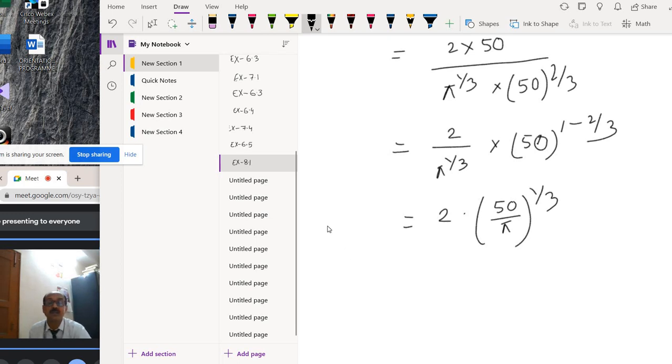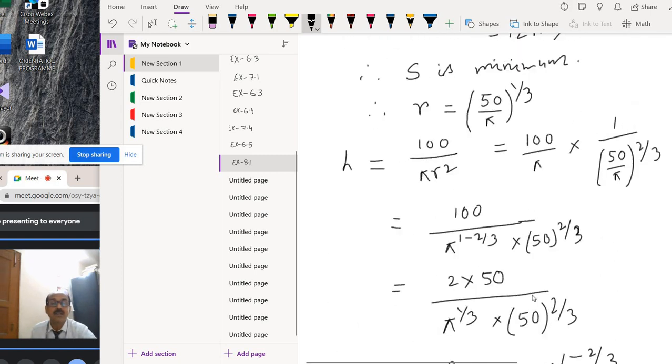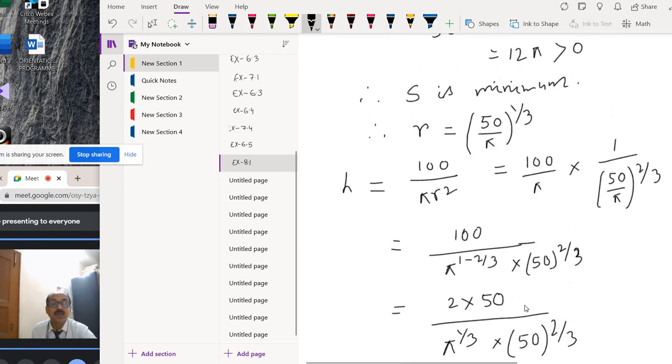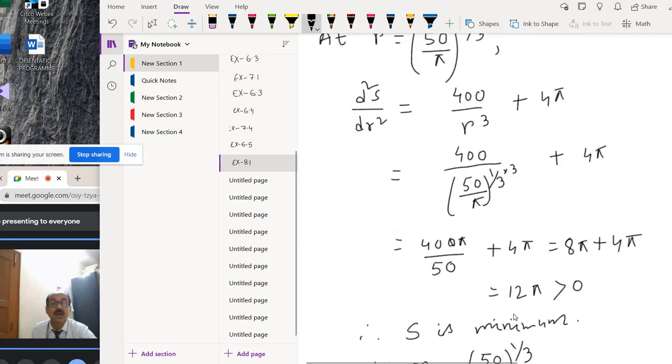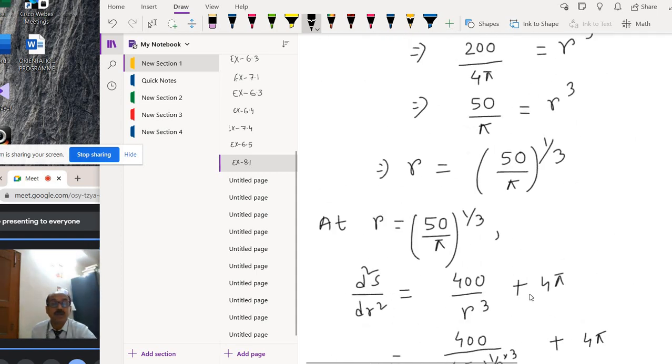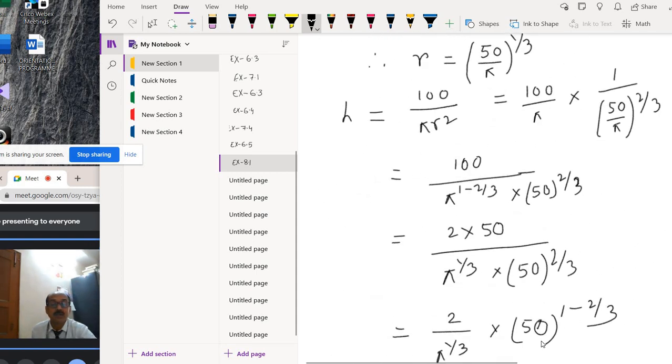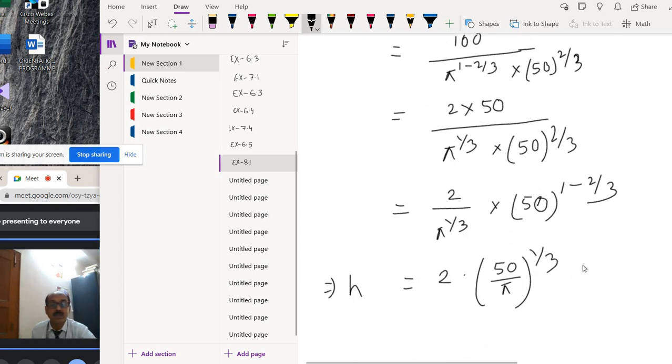Okay, these are the dimensions. Is it clear?